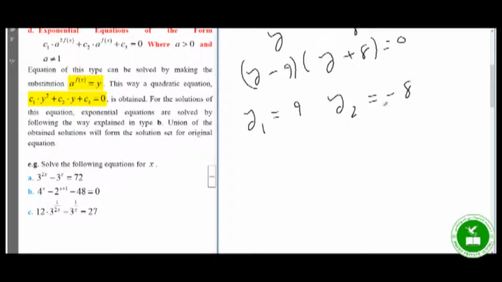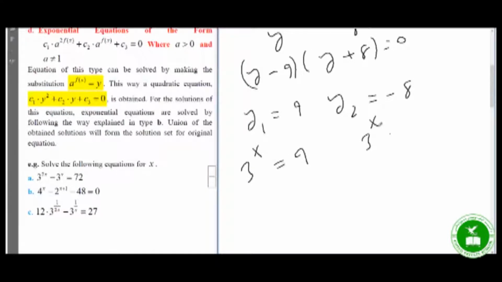But what was y? Y was 3 to the power of x. So 3 to the power of x is equal to 9 and 3 to the power of x is equal to negative 8. The second one, I mean this option, is impossible. Why? Because the exponential expression cannot be equal to a negative number.